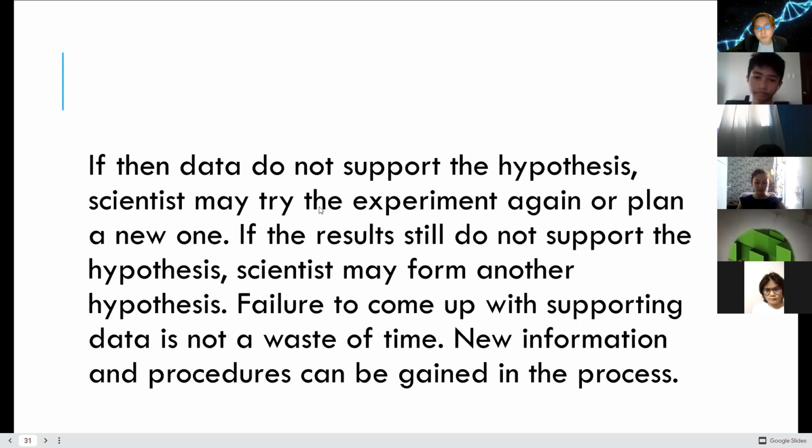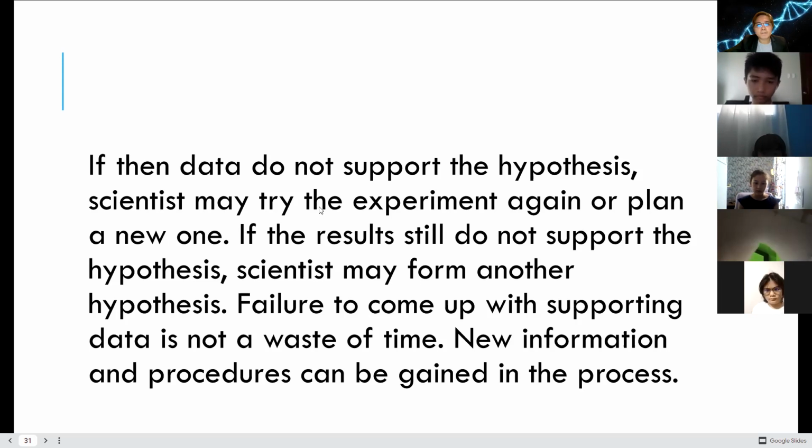Failure to come up with the supporting data is not a waste of time. New information and procedures can be gained in the process. This is the reason why in the laboratory we are testing our hypothesis a lot of times. Some of my students burned out because of this.